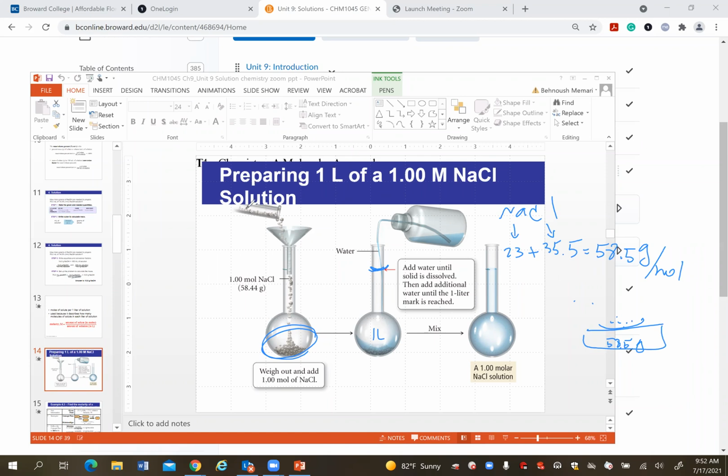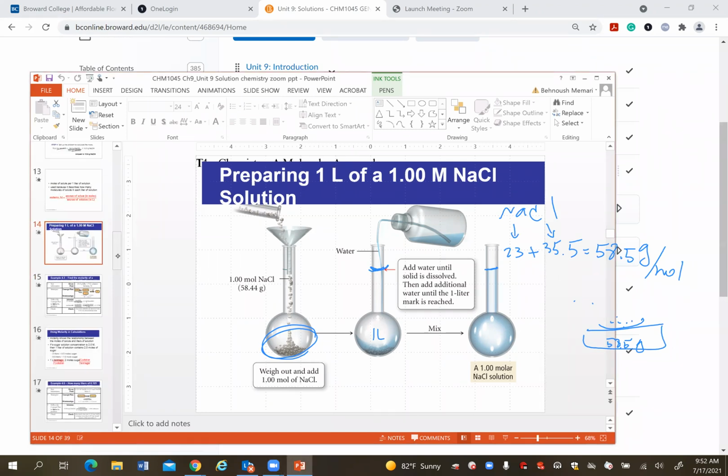So you add the salt first, add some water, dissolve it, then add enough water to make it to the mark. With this, you're not adding 1 liter of water. You're adding enough water to make 1 liter of solution. I hope you see the difference.